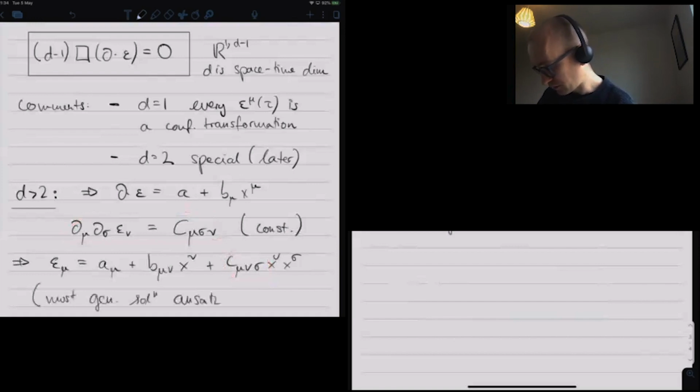Sorry? Yes? But because we have gradients, shouldn't there be other solutions, like wave solutions? For the D'Alembert equation, you don't need to have something that is linear, or am I wrong?